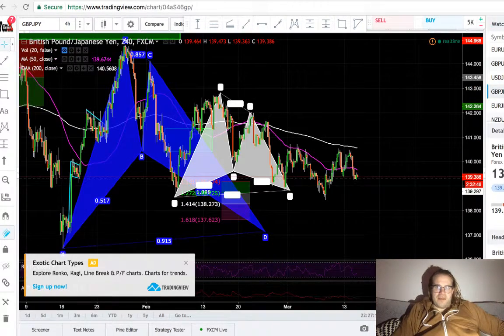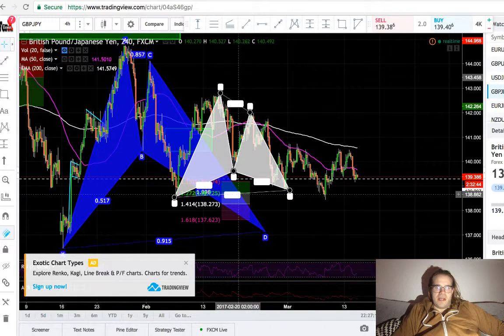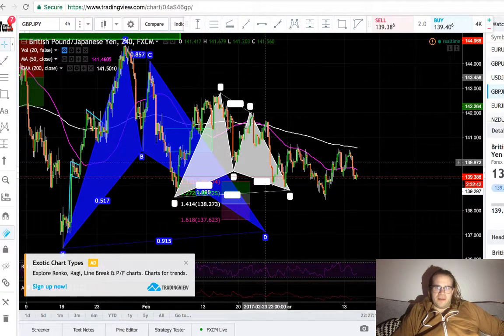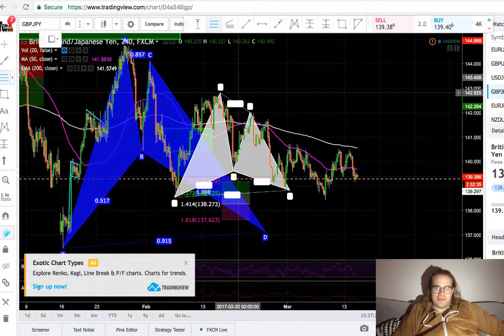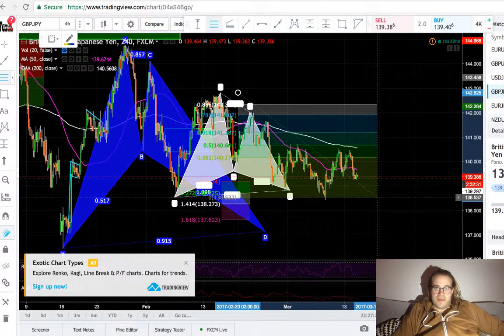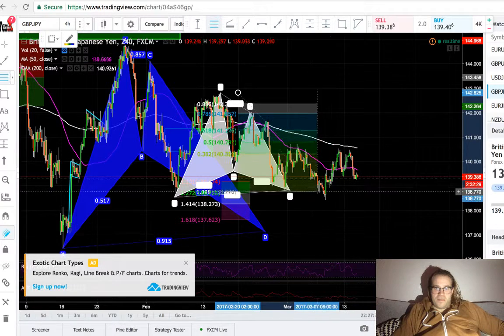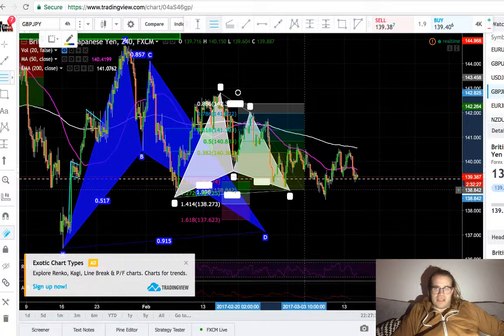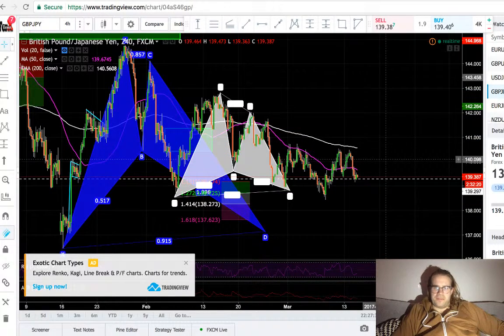Check out the pound yen. This is the pound yen Gartley, which I didn't get involved with because I do not trade the Gartley patterns unless I'm really interested in the level. So for those of you that got involved, you would have been stopped out at break even on this trade right here.